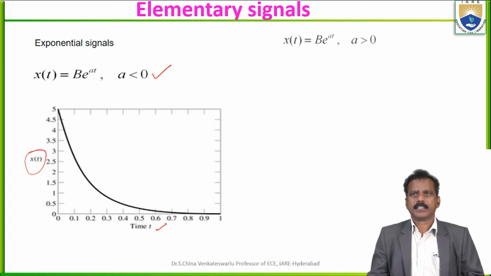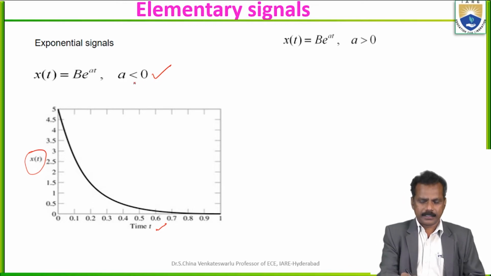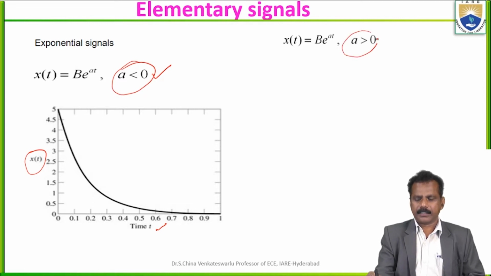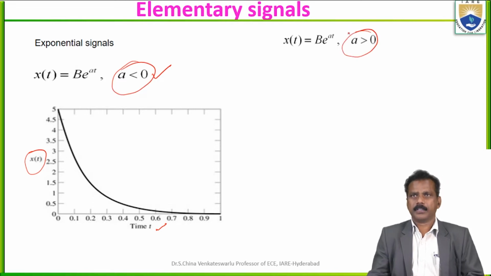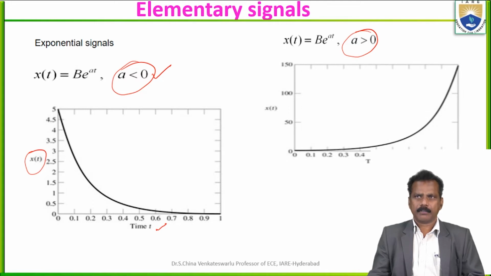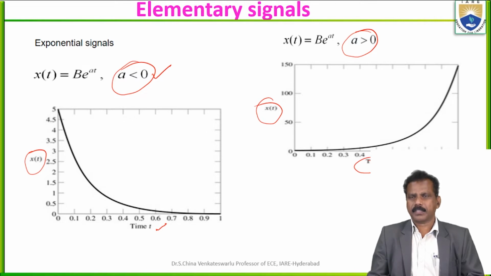Like this, where x of t is equal to b e power a t. Here it is a less than 0, but in this case a greater than 0. So we have to verify graphically the time t versus x of t. This is the exponential signal when we consider a continuous time signal.